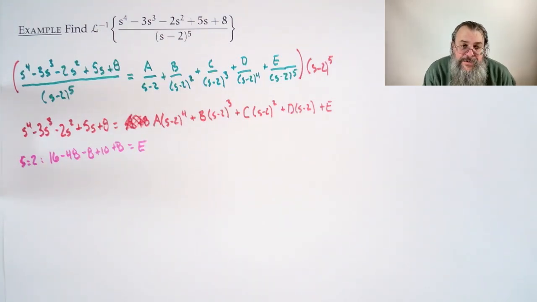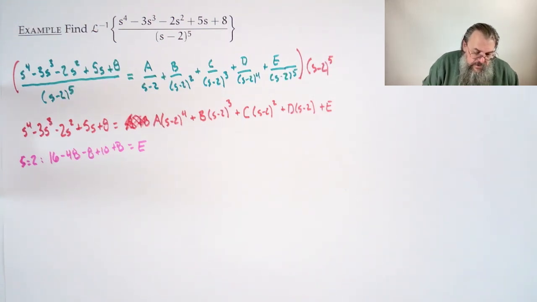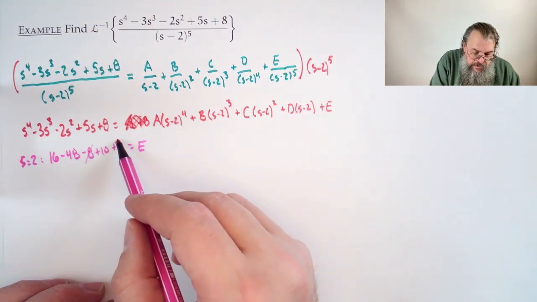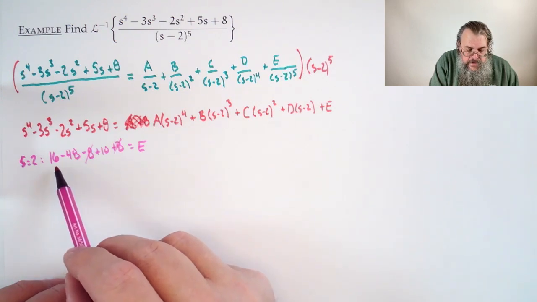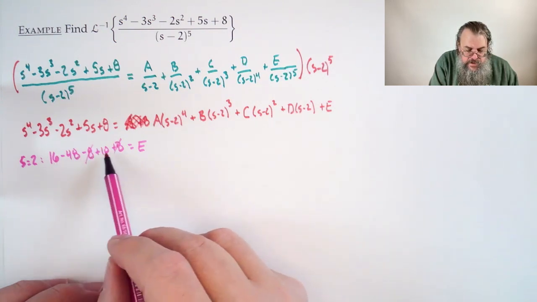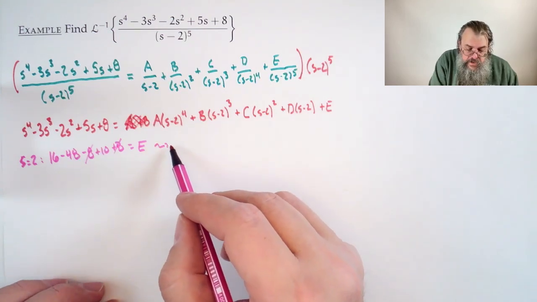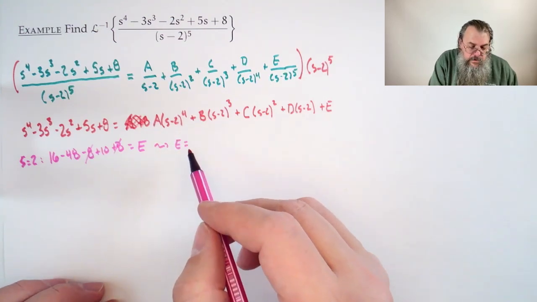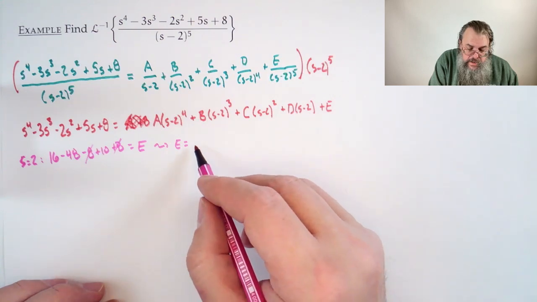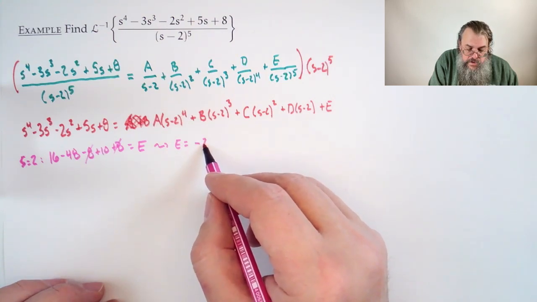We plugged in s equals 2. And if we do that, we can see that the 8s cancel pretty quickly. You have a 16 plus 10, which is a 26. And then you subtract 48. So that would say that e would have to be equal to a minus 20.